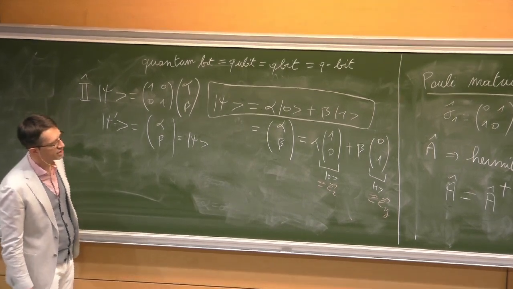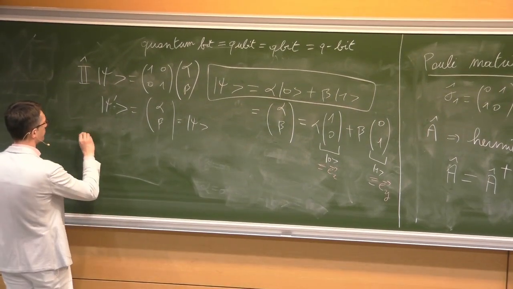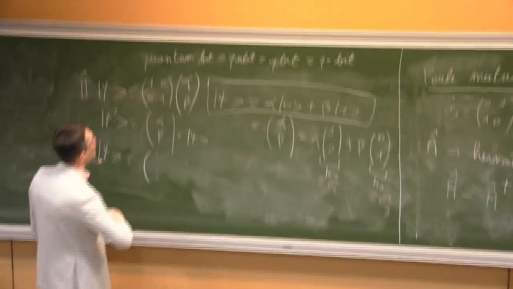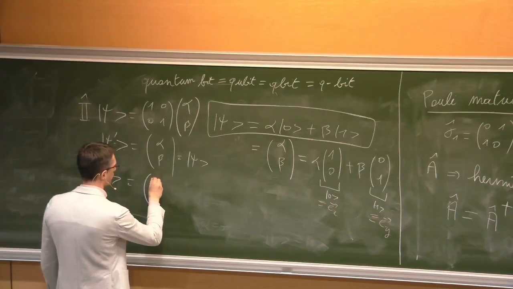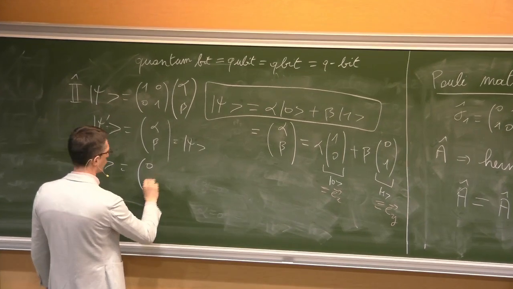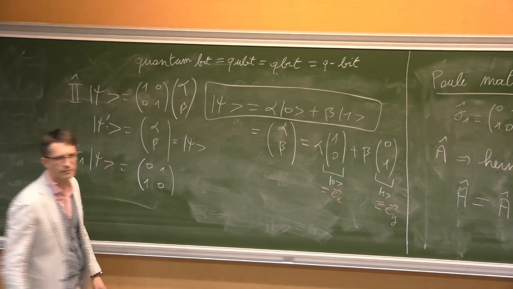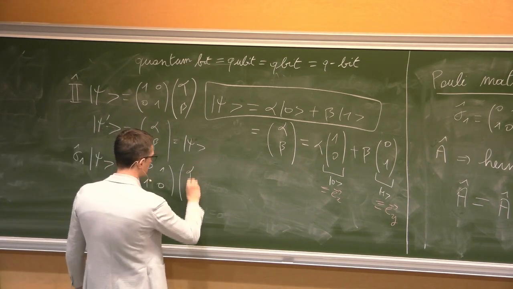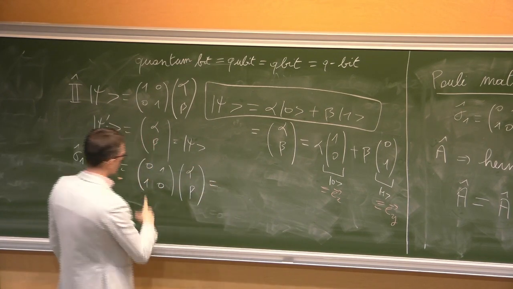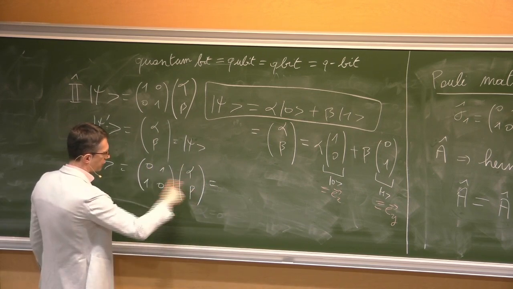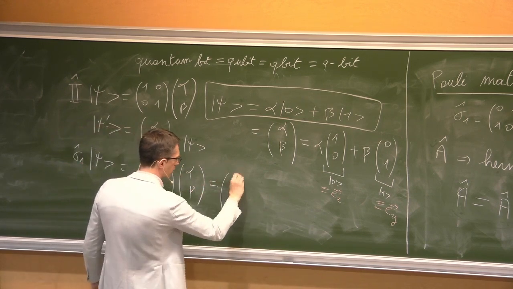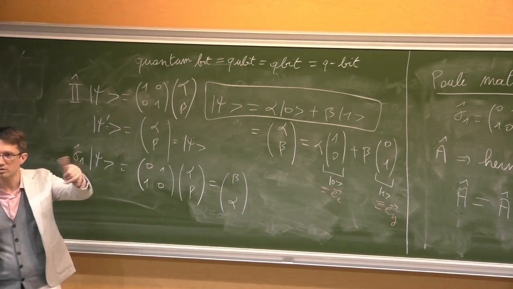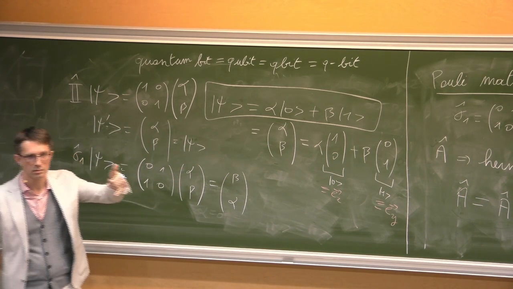So that's not so interesting, but if I look at sigma 1 applied to psi, then I have 0, 1, 1, 0. Okay? Now I apply it to alpha beta, and I end up with beta first and then alpha second, so I've got beta alpha. So I inverted the two coefficients.